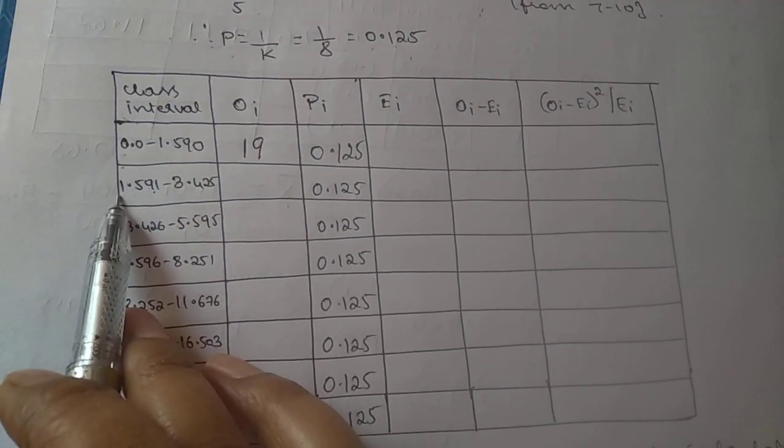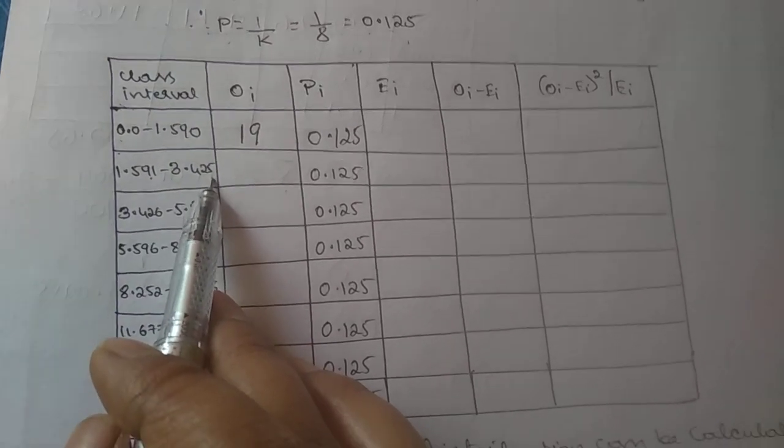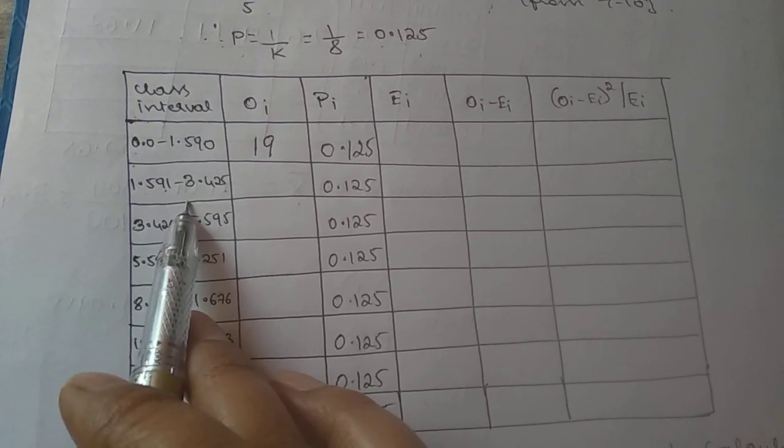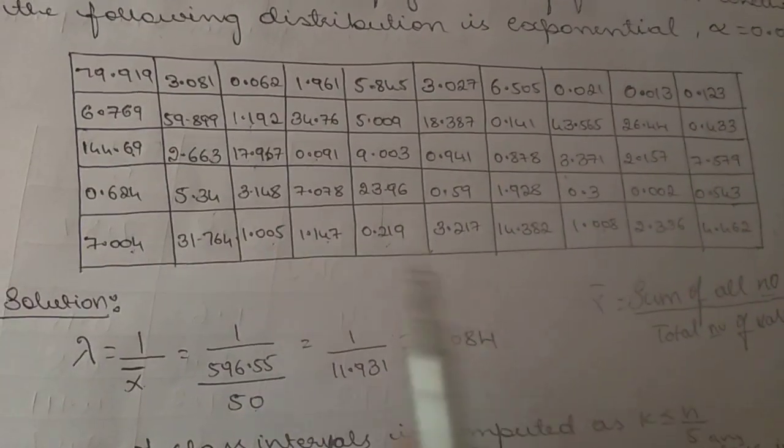Next, you have to search from 1.591 to 3.425. 1.59 to 3.425. How many are there?